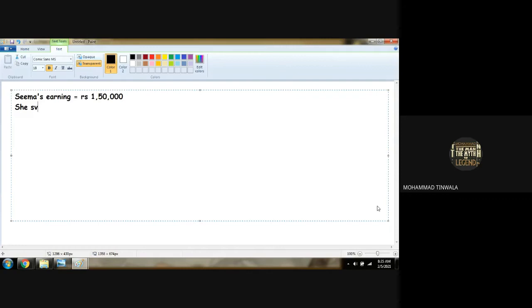She saves is equal to rupees 50,000. Now we don't have the spent amount. How do we get the spent amount? From her earning subtracted her savings. So the rest of the money she must have spent. Are you getting my point or not?